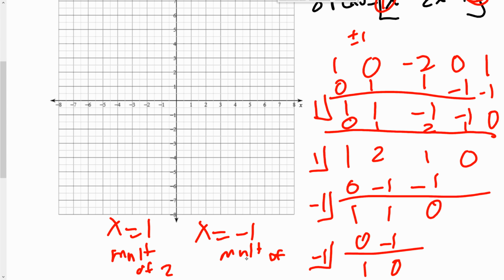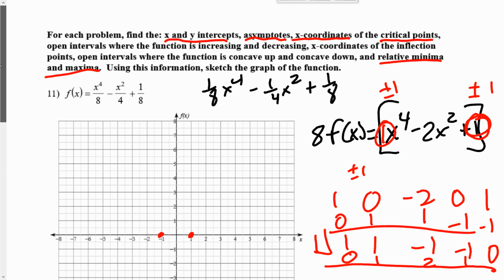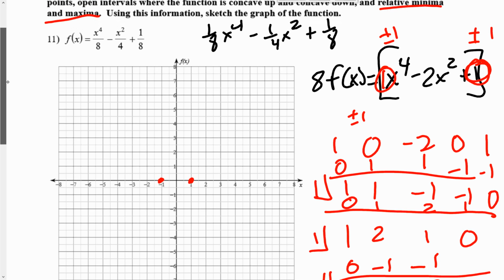Okay. So those are actually my x-intercepts. So I actually do have x-intercepts at 1 and at negative 1. I wrote those down backwards, but 1 and negative 1. So there you go. So those are the x-intercepts. For the y-intercept I can plug in 0 for x and solve.